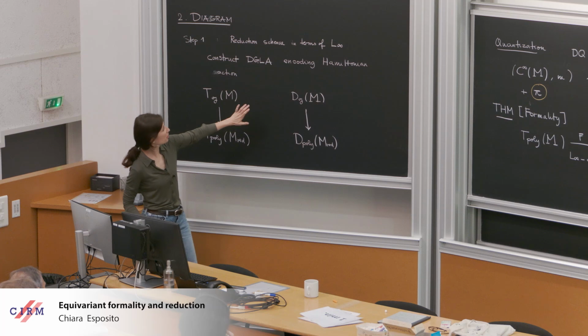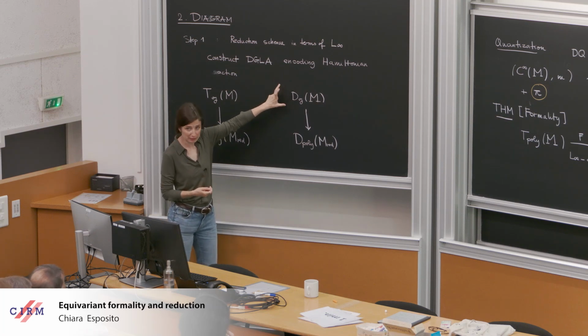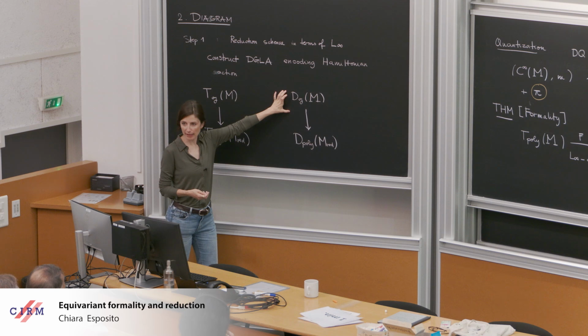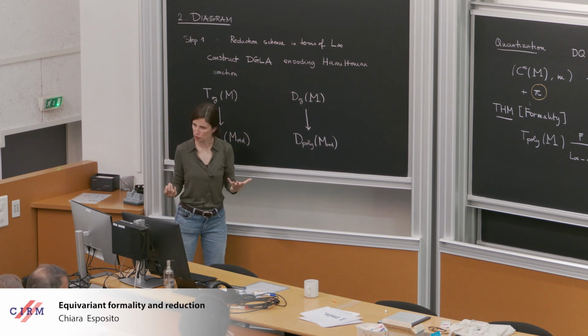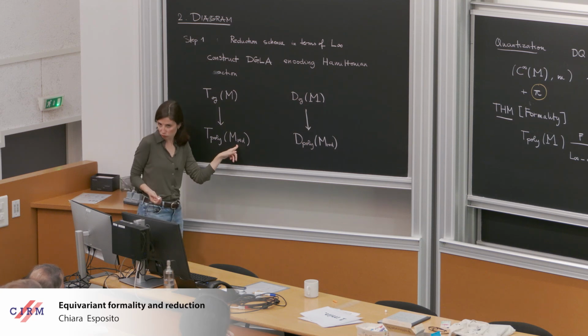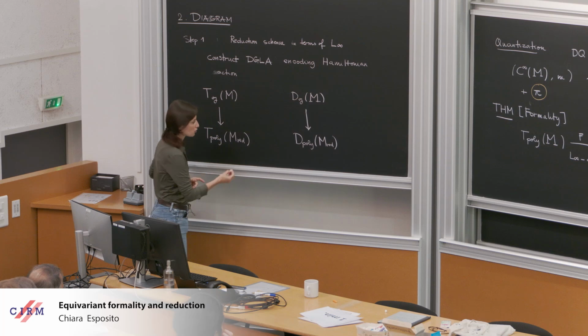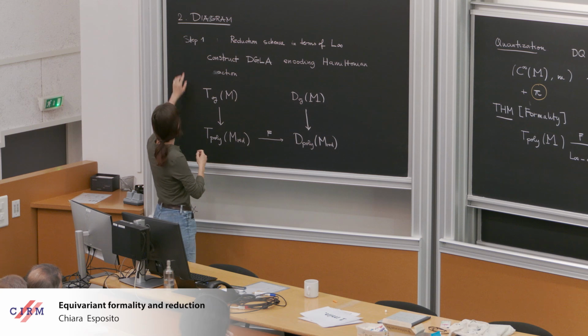Of course, here you don't know very well what it means to encode the Hamiltonian action in the game, but I will try to explain. Morally, the philosophy is the same. And now, what is this? This is just a Poisson manifold, so this is just formality for this specific manifold. So step number 1 is this one.